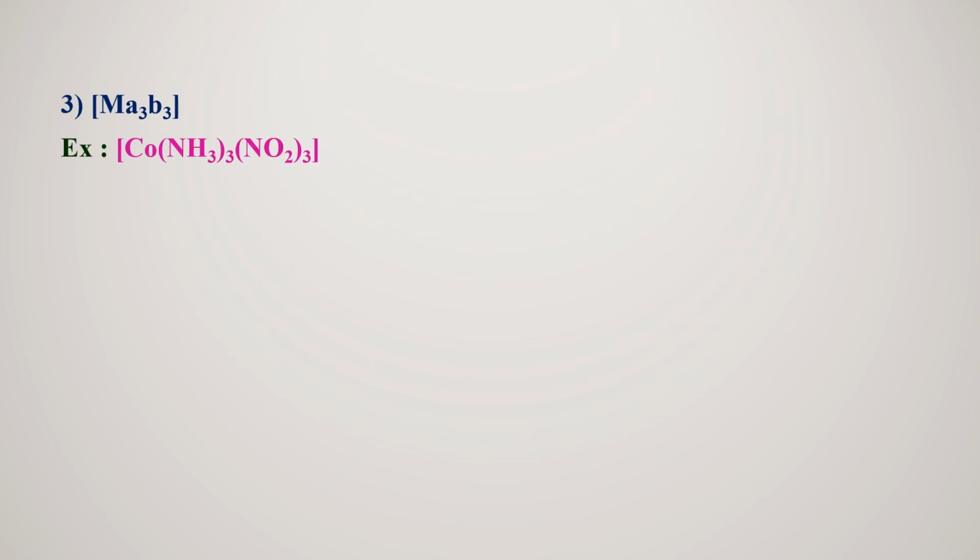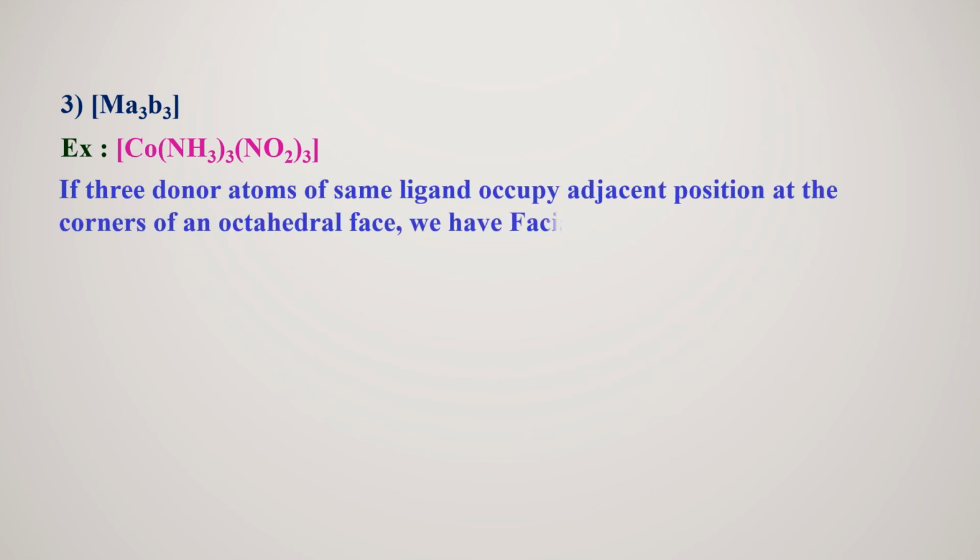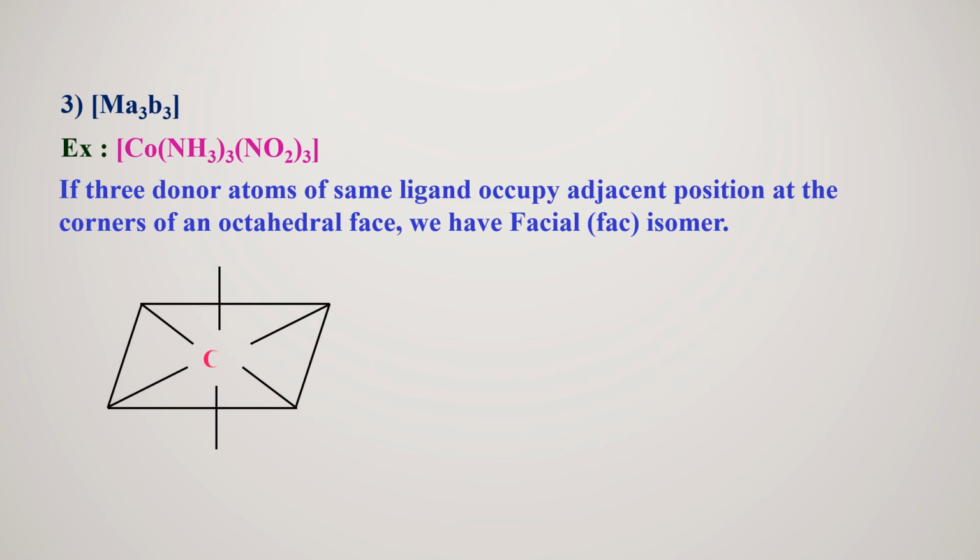Take one more example. A metal with monodentate ligands 3, 3. So three monodentate ligands of one kind and three monodentate ligands of another kind are bonded to the metal. If three donor atoms of the same ligand occupy adjacent positions at the corners of the octahedral face, we have the facial isomer. You can see the amine or ammonia: all three ligands are at one face. Even the nitro ligands are also on one face.